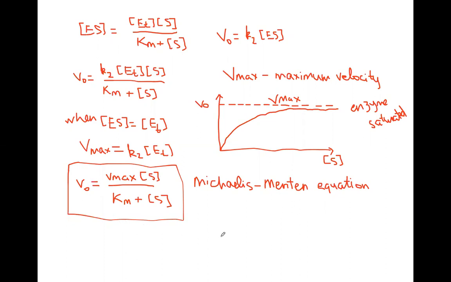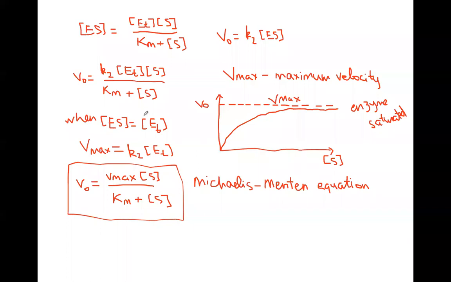So earlier, when the concentration of the ES complex equals the E total, what does that mean again? So that means that the enzyme has reached saturation. So in other words, all the enzyme in the system is fully saturated with the substrate.